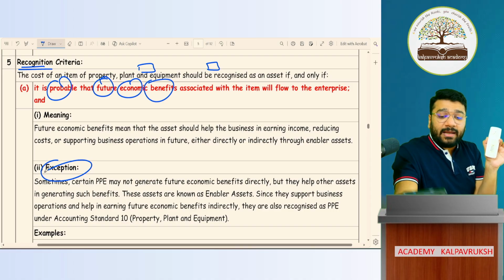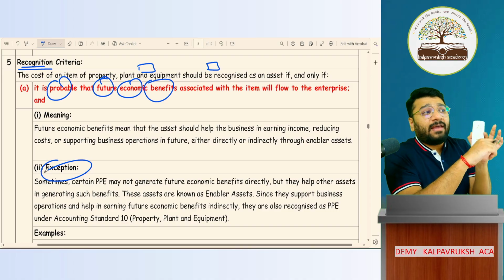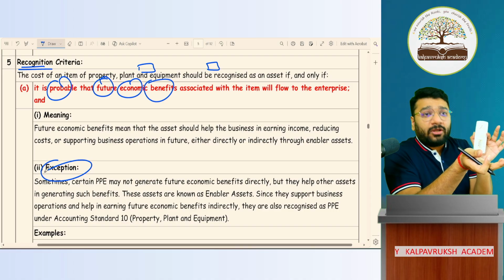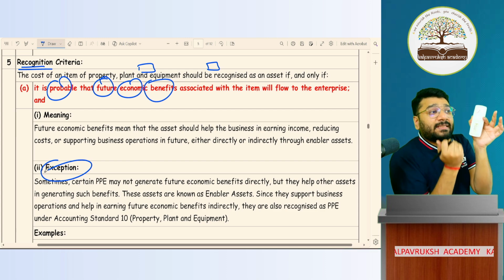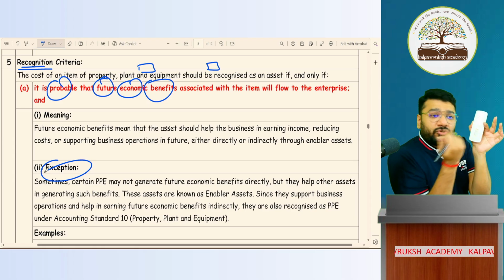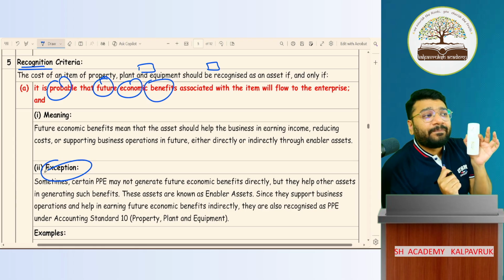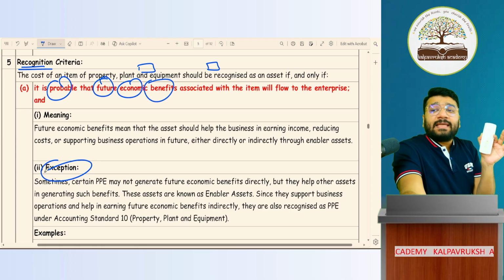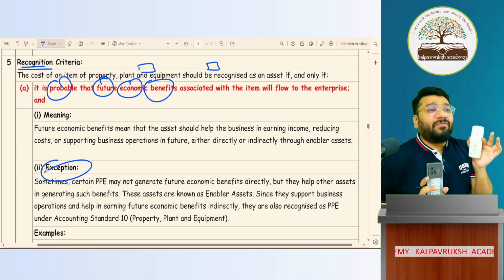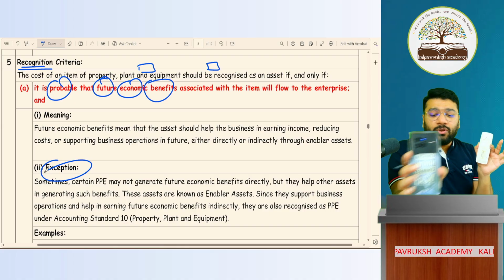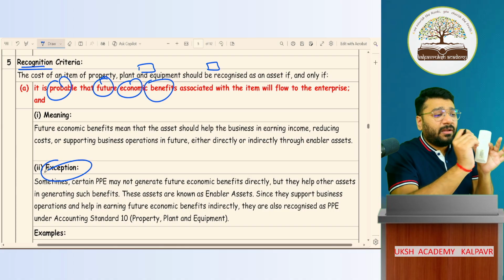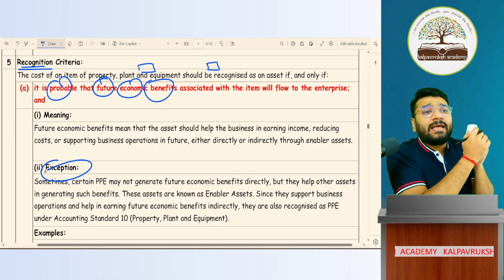Enabler assets are an exception where even if you don't get any future economic benefit out of this, it is still supporting the other PPE. So that enabler asset also will be called PPE, because without this enabler asset, the business cannot function. Hence, even though they don't have the future economic benefit, as an exception, they will be allowed as PPE.